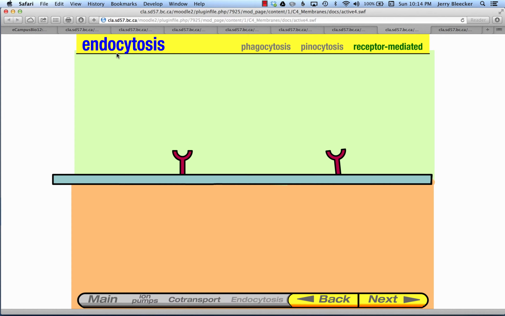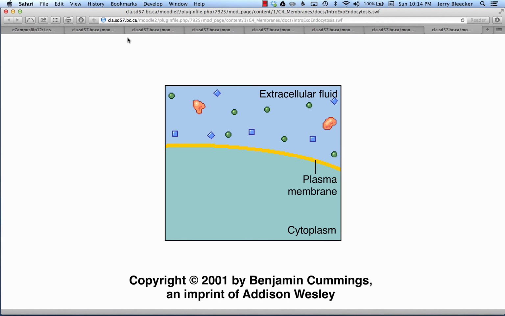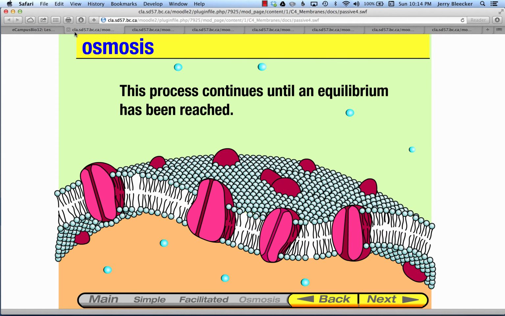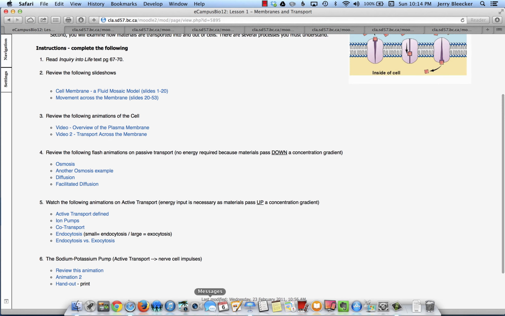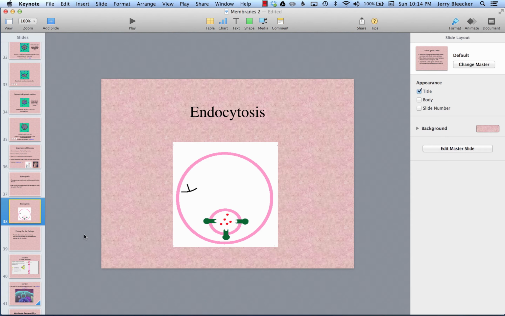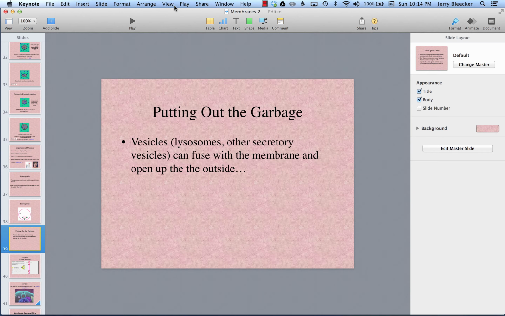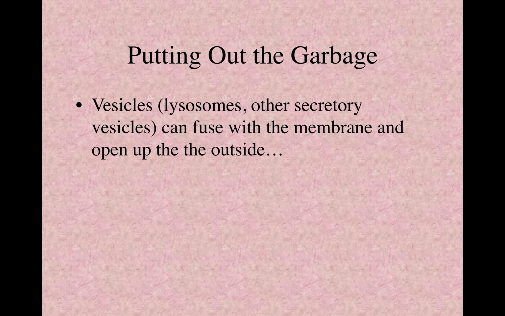So endocytosis is a very active process. When cells need to bring things in, they use energy. When cells need to export things, maybe they're hormones, maybe it's garbage, whatever it is, that can take energy too. And this is kind of an old picture, but what it's really designed to show is that cells can use exocytosis.